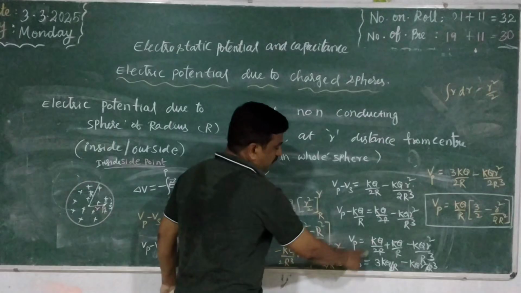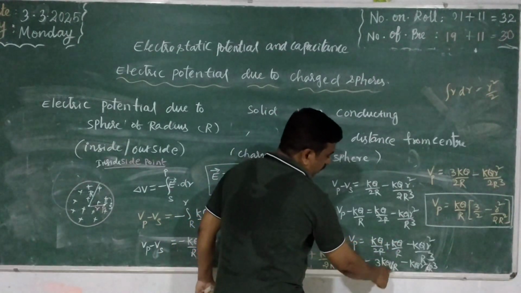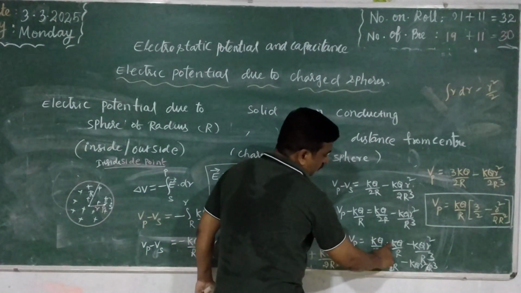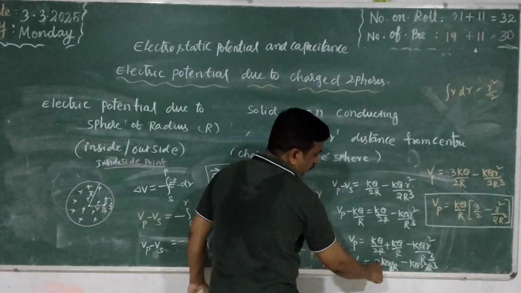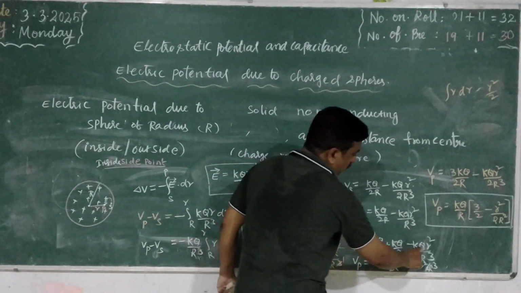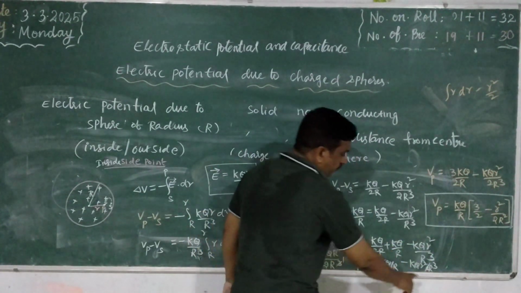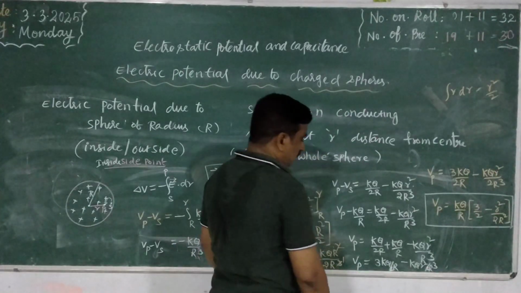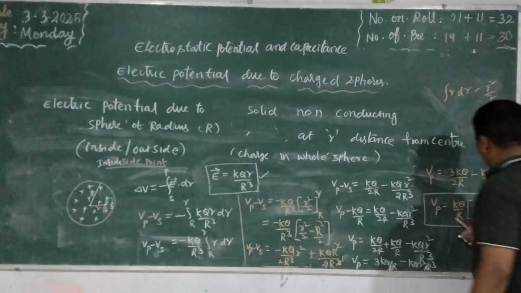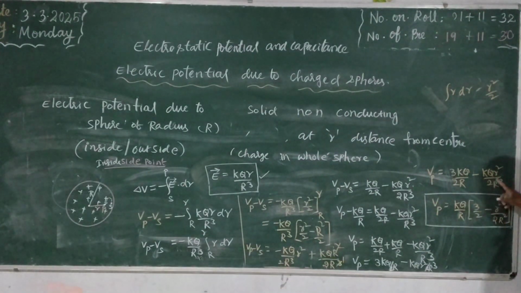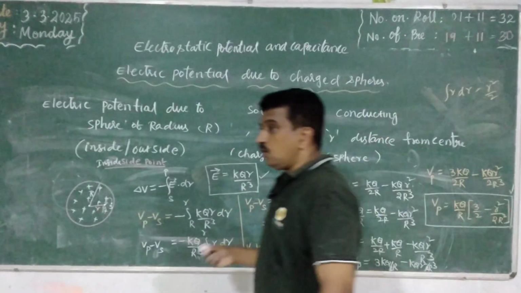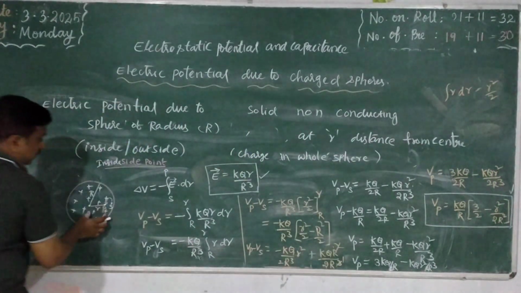KQ by 2R and KQ by R, LCM is 2R. So here we get 2 KQ plus KQ, 3 KQ by 2R minus KQ r square by 2R cube. In this KQ by R we take common, 3 by 2 minus small r square by 2R square. It is the electric potential due to a solid non-conducting sphere at distance r from the center, inside point.